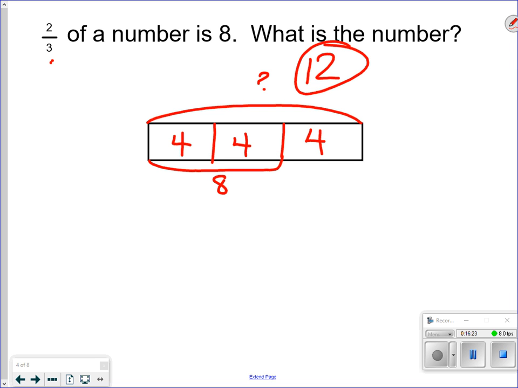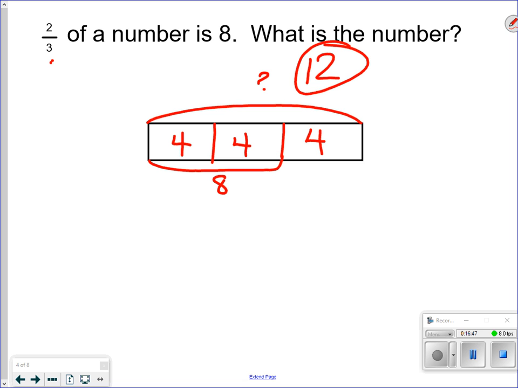Would you be able to do that in the other way? Oh, doing a standard algorithm? Yes, there is another way to do it. So if that's backwards, would you divide or something?